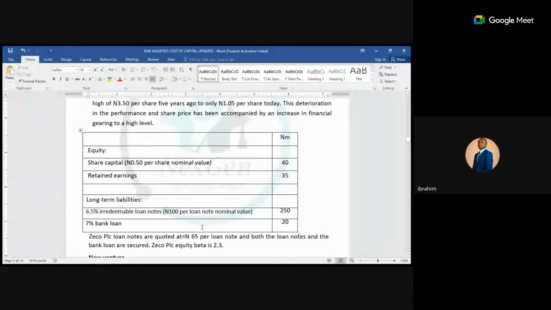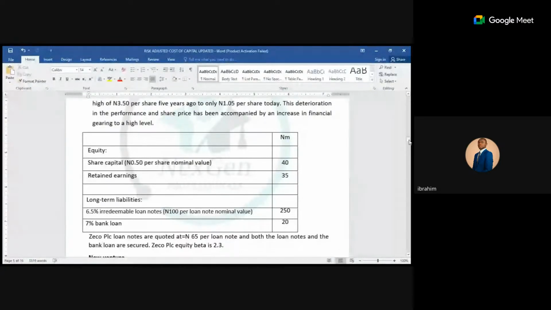Okay, that will be the value of debt for the loan note. What would be the value of debt of the bank loan? Same amount, that 20 million. Thank you. Can you see, what debt do you have here? You have loan notes, you have bank loan.